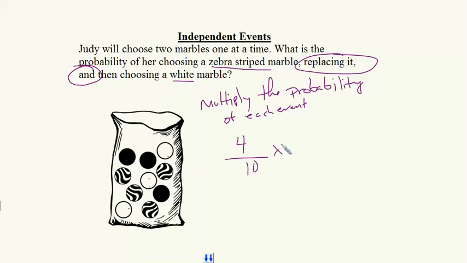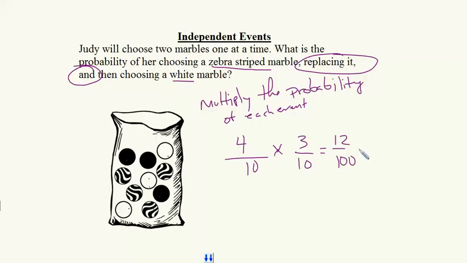Now the second event, because we replaced this marble and we put it back into the bag, the probability of choosing a white marble has not been affected, okay, because there are still 10 marbles in this bag, and we have 3 white marbles. So the probability of these two events happening together would be 4 times 3 is 12, 10 times 10 is 100.